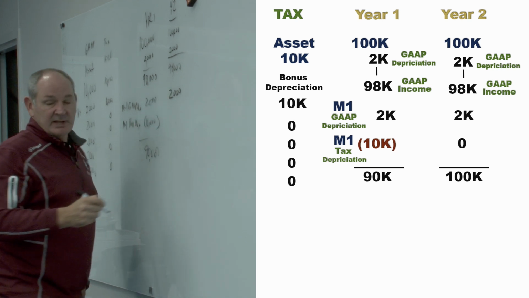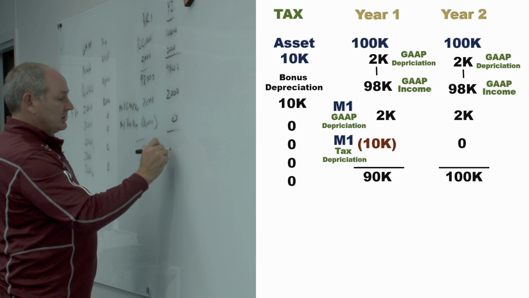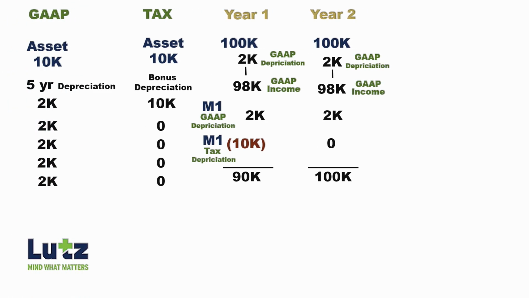I have to back out my GAAP depreciation, $2,000. How much tax depreciation do I have, Chris? Zero. So in year 2, I now have $100,000 of income. An M1 item is meant to calculate what the appropriate tax method of accounting is to arrive at taxable income.